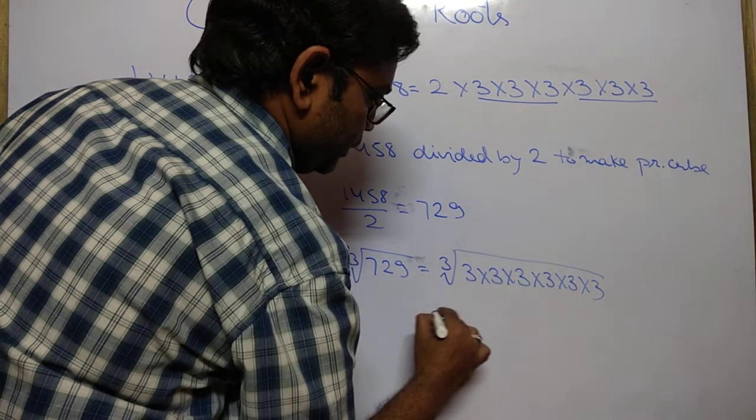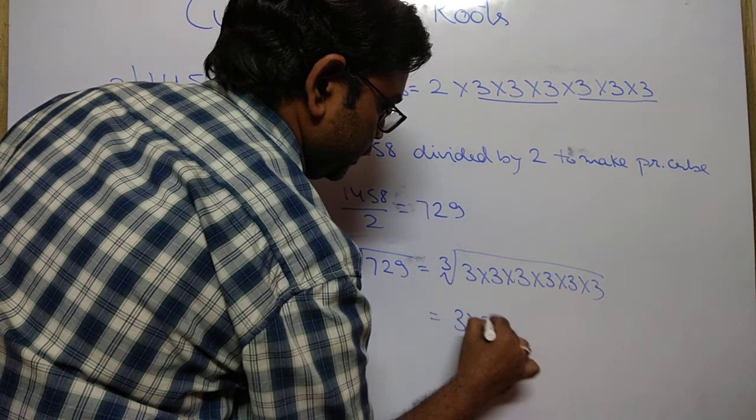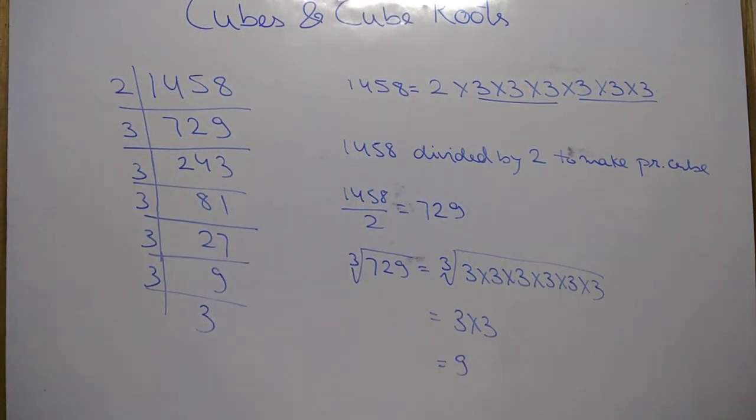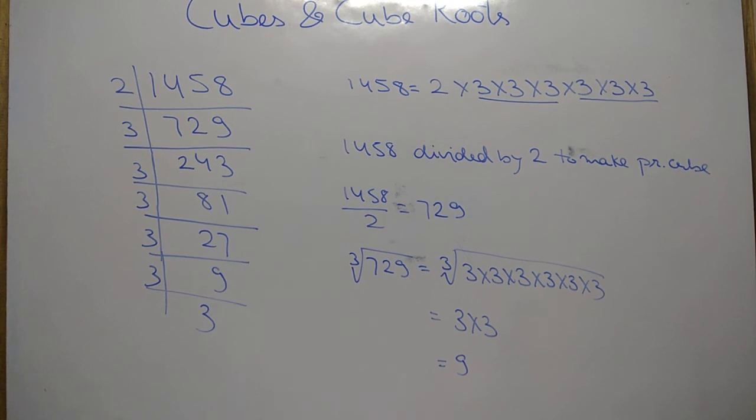Make the groups, we have 3 into 3, it's 9. So this is the solution. Remember, both have the same approach, but we have to find which factor is not in a group of 3. So hope this one is clear to you.